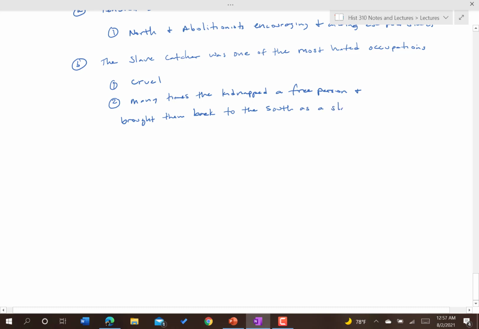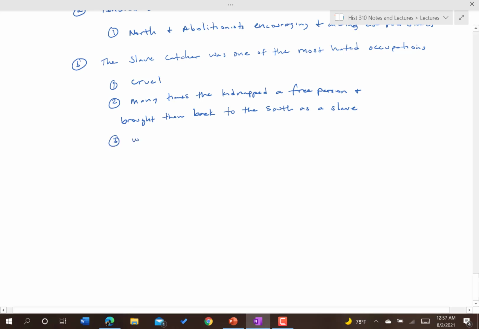And we have several narratives of people who were born free and were kidnapped in the North and put into slavery. And so, of course, this was also a huge issue, tension.